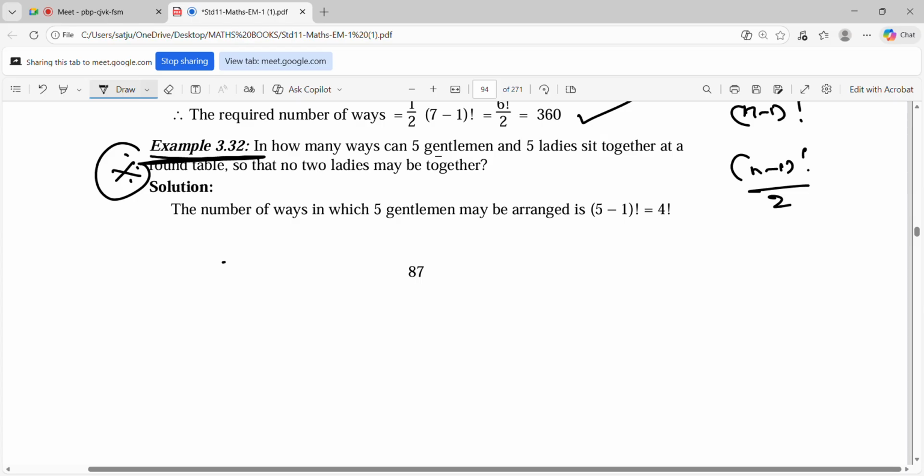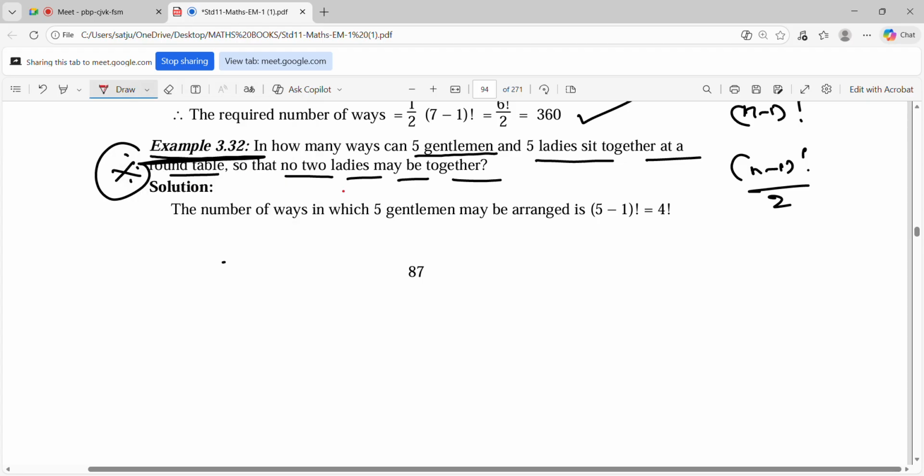In how many ways can 5 gentlemen and 5 ladies sit together at a round table so that no 2 ladies are together? Very important question. This one is possible to come in your examination.